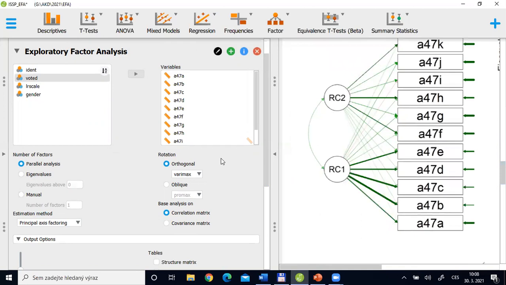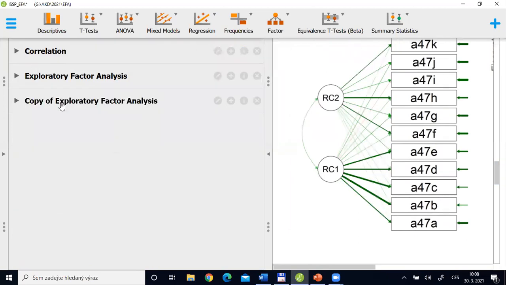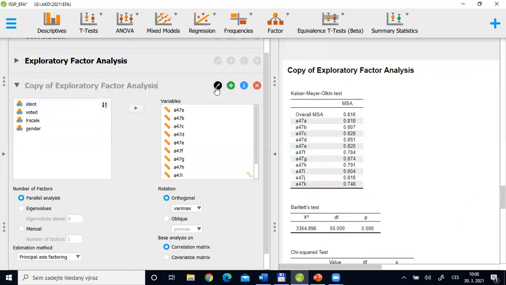And now I would maybe slightly change this expectation, and I would add a rotation which would expect that these two dimensions are related. And before we start this, there is a question for you.